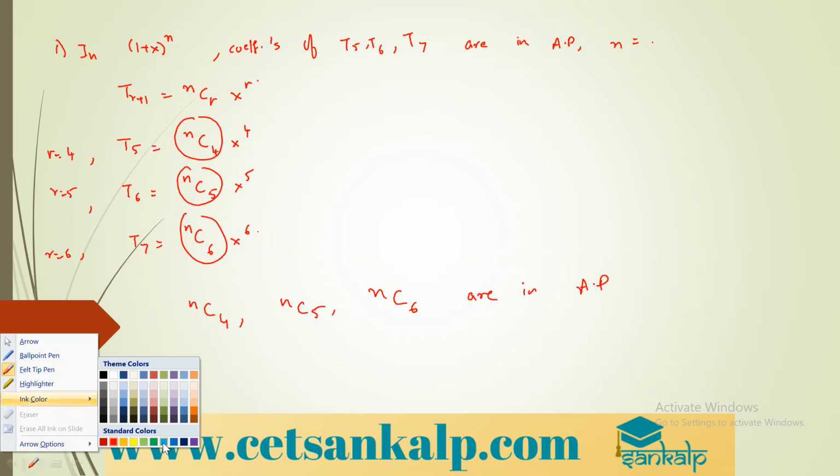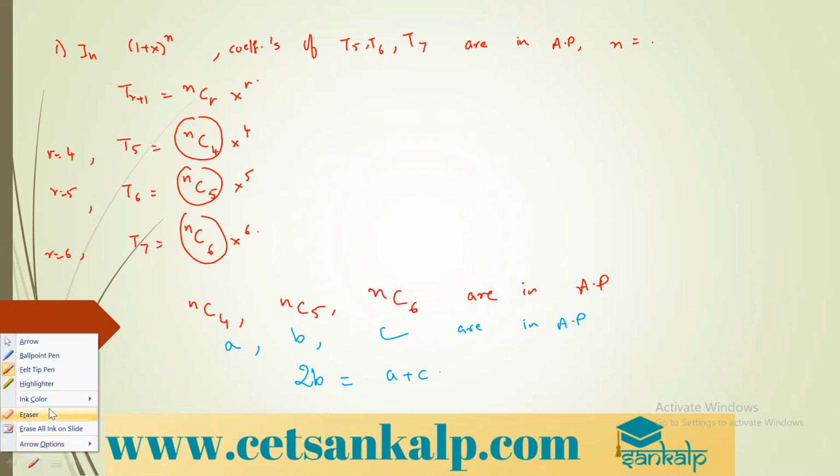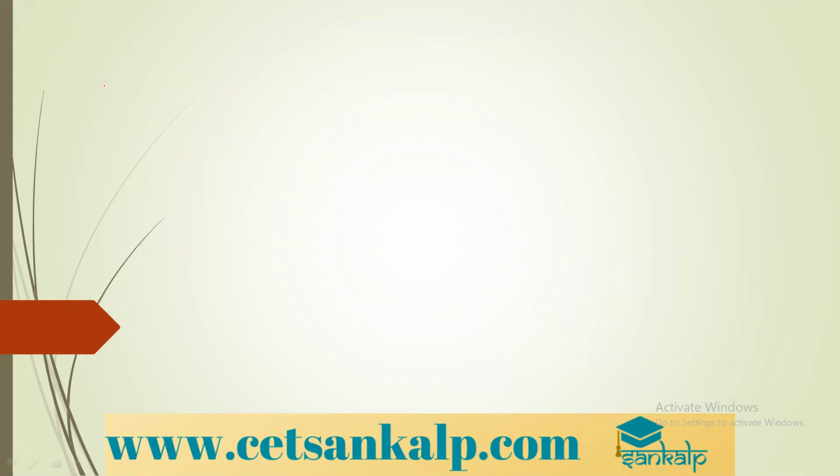We have a formula. If A, B, C are in arithmetic progression, then 2B will be equal to A plus C. So using that formula, I can write 2 times nC5 equal to nC4 plus nC6.